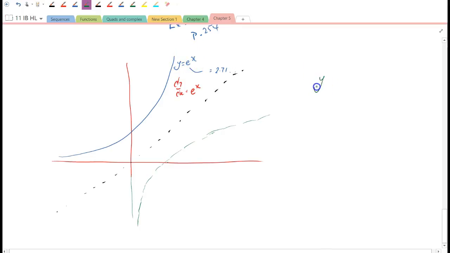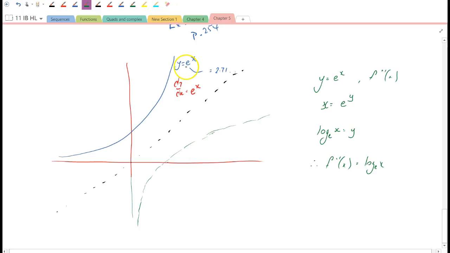All right. So if we look at this algebraically, y equals e to the x, what is the inverse function? If we switch the coordinates around and take logs, we end up with log base e of x is equal to y. So therefore my inverse function is equal to log x to base e.